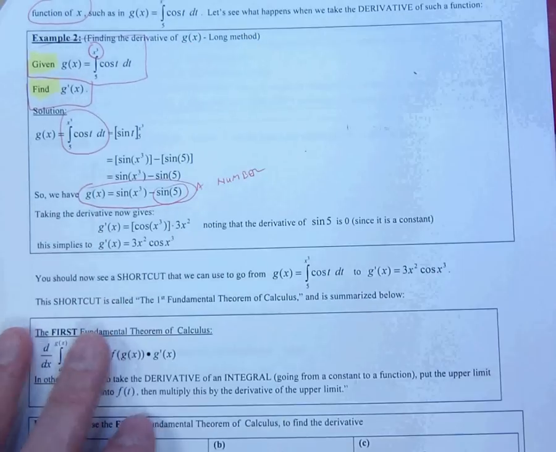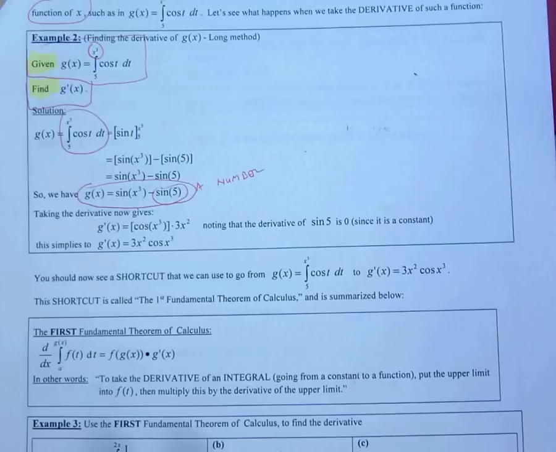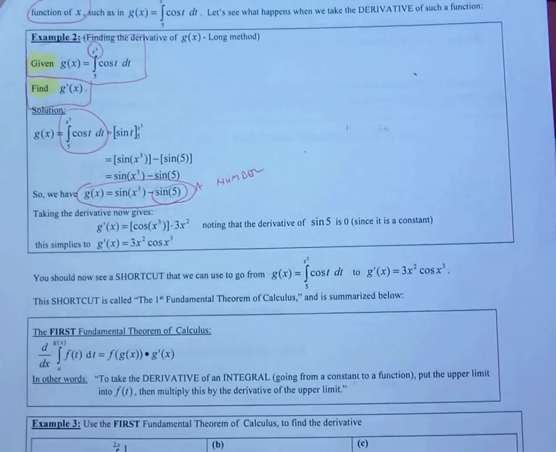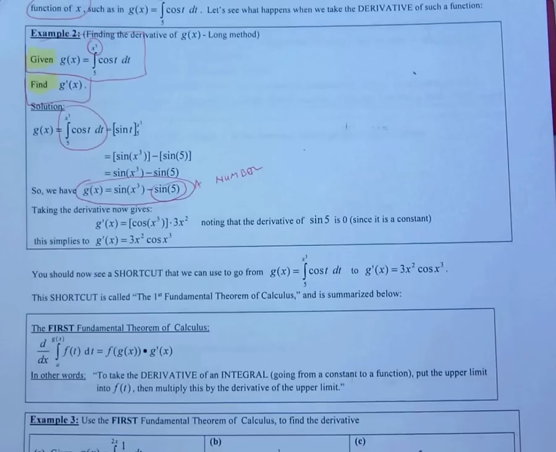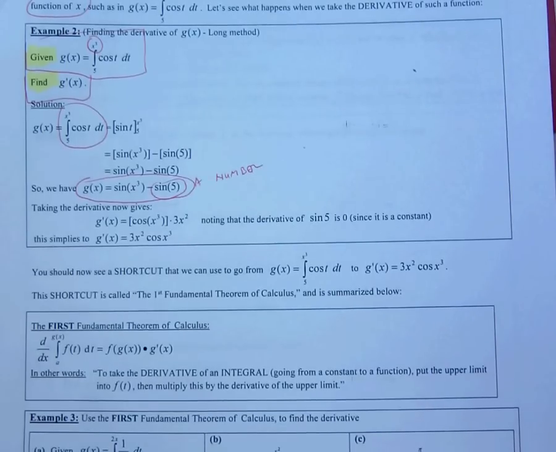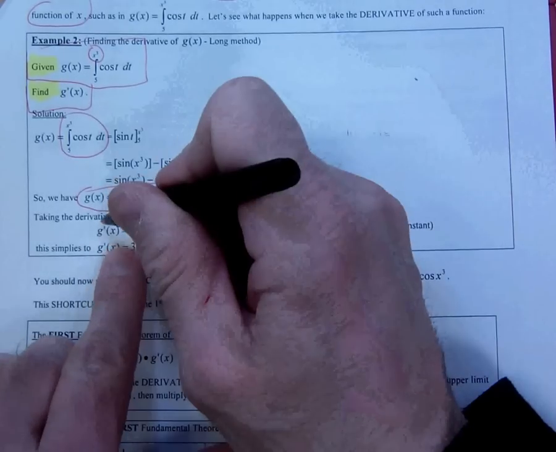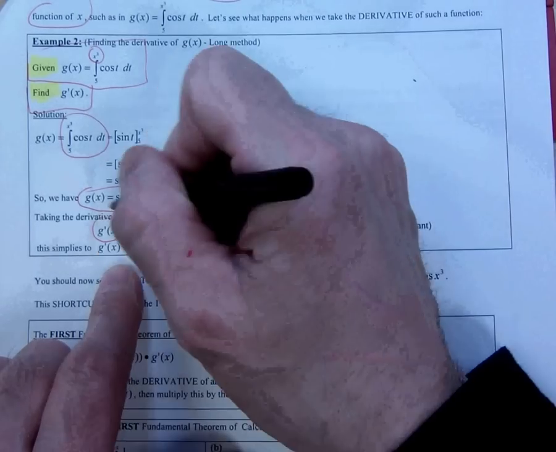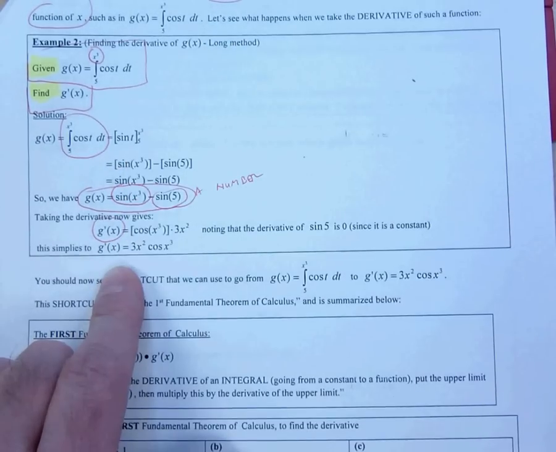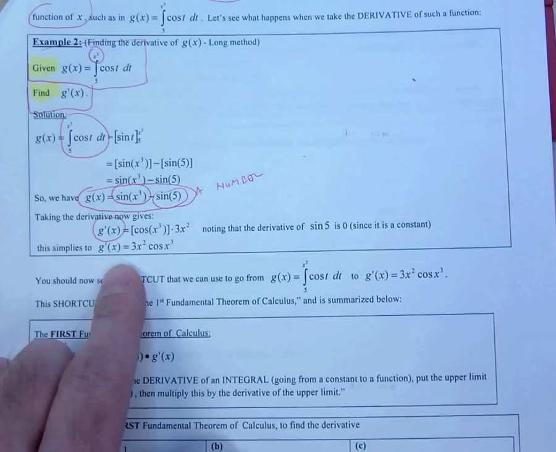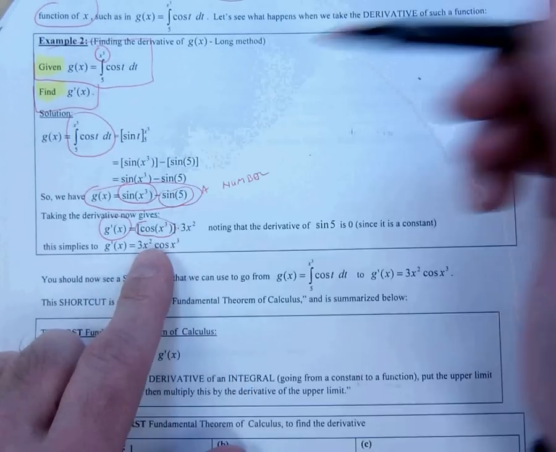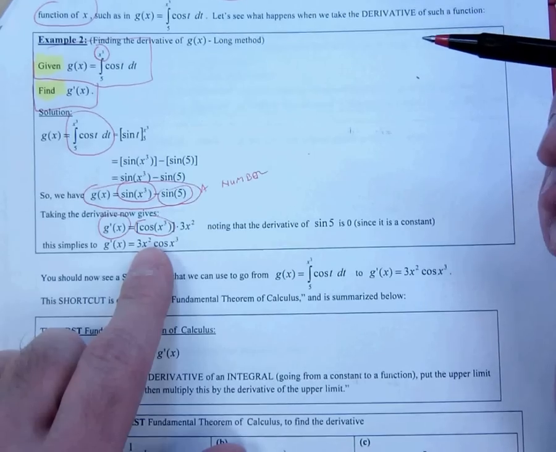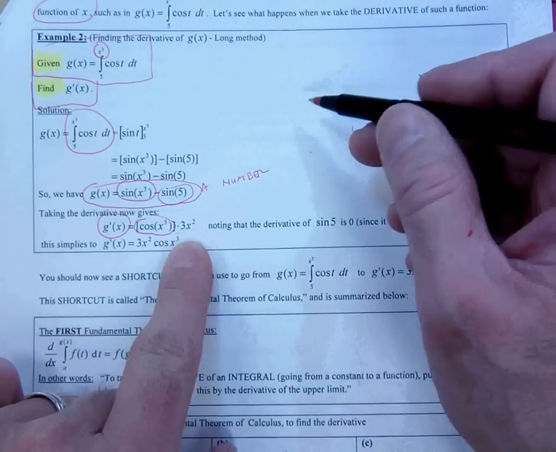So once I have g of x written in a simpler way, can I easily take the derivative of that? Can I? You guys are not watching, and that's what's going to make you get lost. Watch. So to take the derivative of that, don't I have to use the chain rule? Yes? So I took the derivative of the outside, which is cosine, put the inside back in the way it was, and then multiply all that by the derivative of the inside, which is 3x squared.